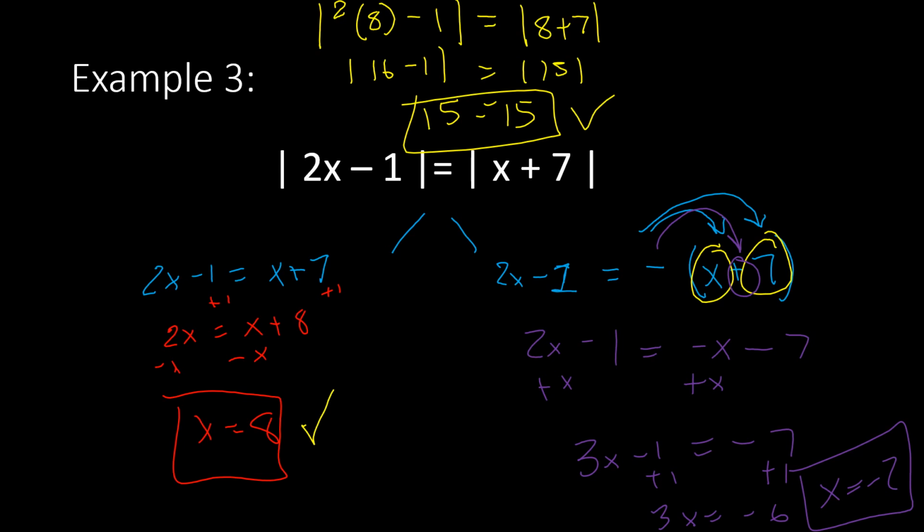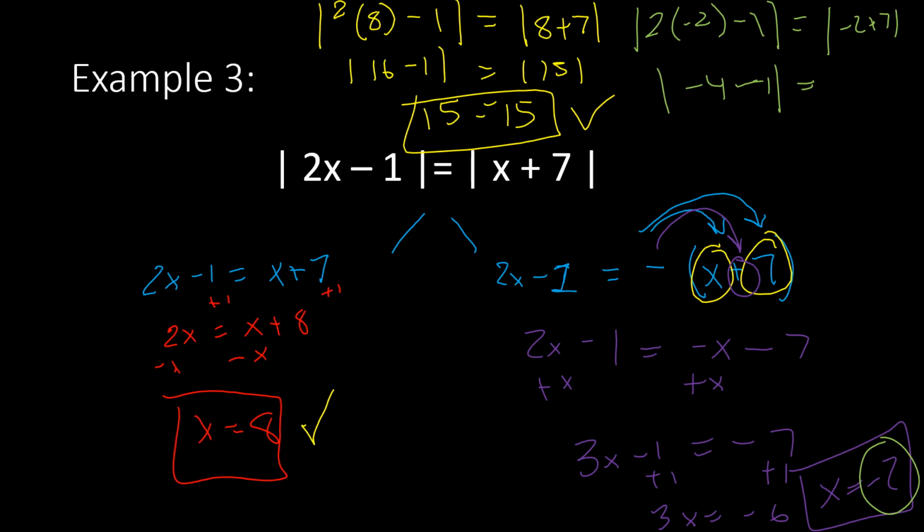Now let's check this answer, which is negative 2. So we'll do 2 times negative 2 minus 1 equals negative 2 plus 7. So we have negative 4 minus 1 equals negative 2 plus 7, which is 5.